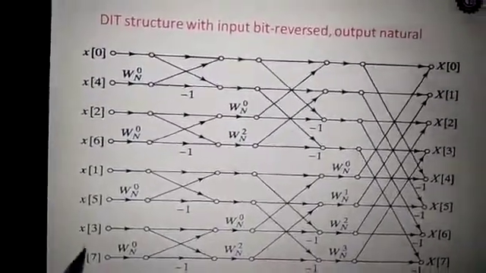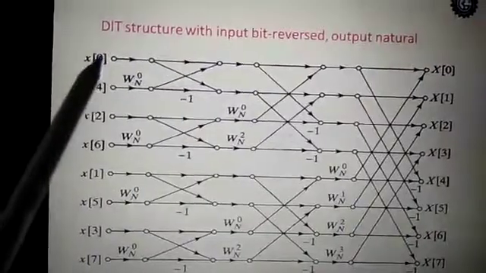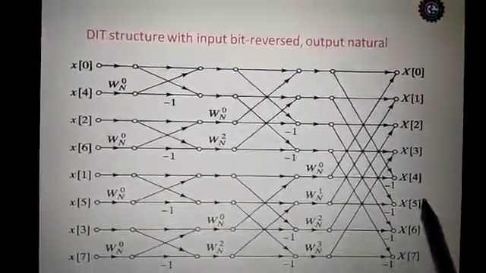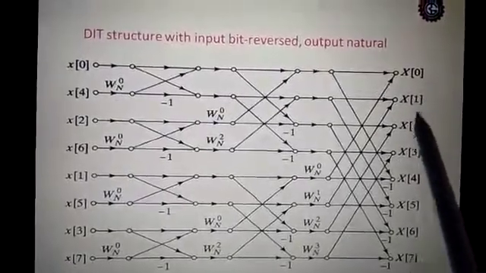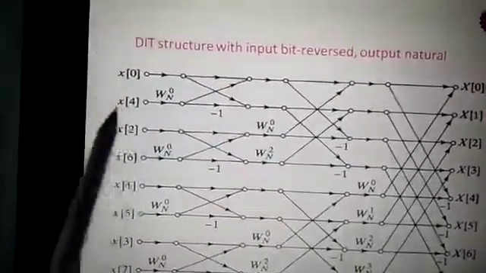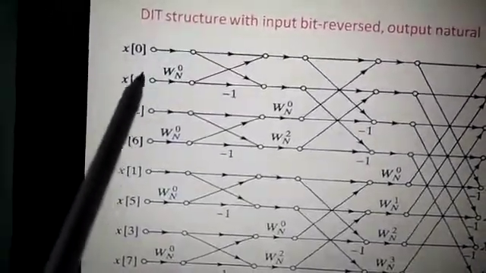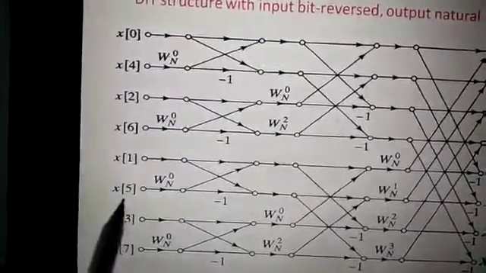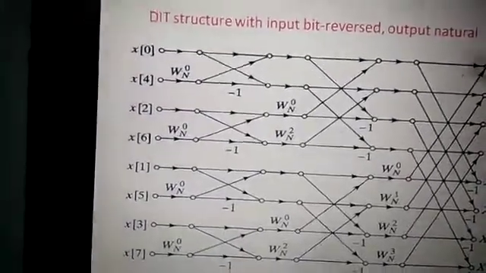This is divided by 2. This is called decimation in time, and this is the frequency domain output DFT, X of 0 to capital X of 7, and this is bit reversed. You can observe X of 0 here, X of 4, X of 2, X of 6, X of 1, X of 5, X of 3 and X of 7.